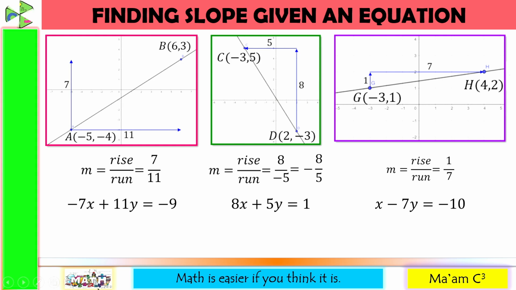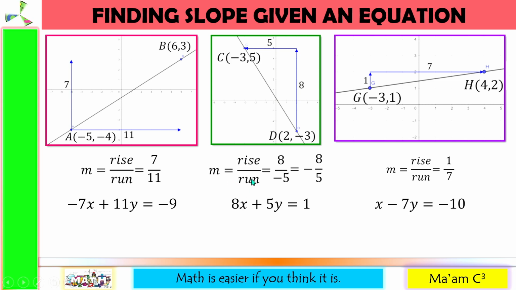Yes, there is. Negative 7 here, which is the coefficient of x, is somewhat related to our rise, while 11 here, which is the coefficient of y, is related to our run. In this one, our rise is 8 and the coefficient of x is also 8.